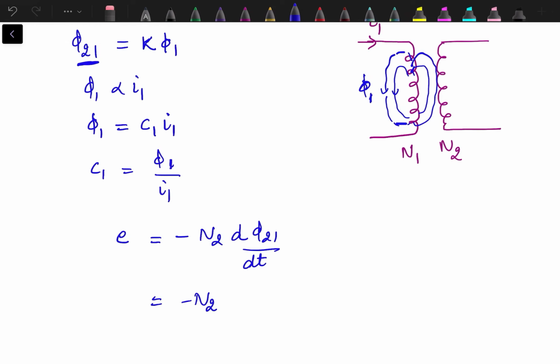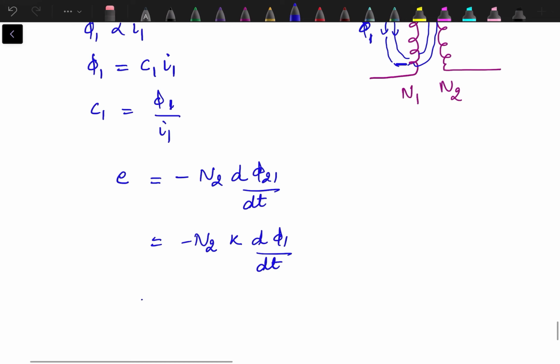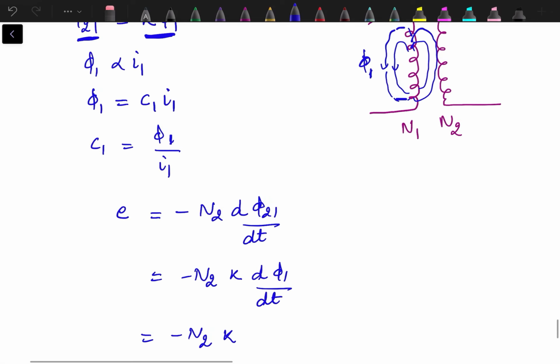Now phi 21 is equal to k into phi 1. K is constant, it will come out of differentiation. So minus N2 k d phi 1 by dt. Phi 1 can be written as C1 I1.